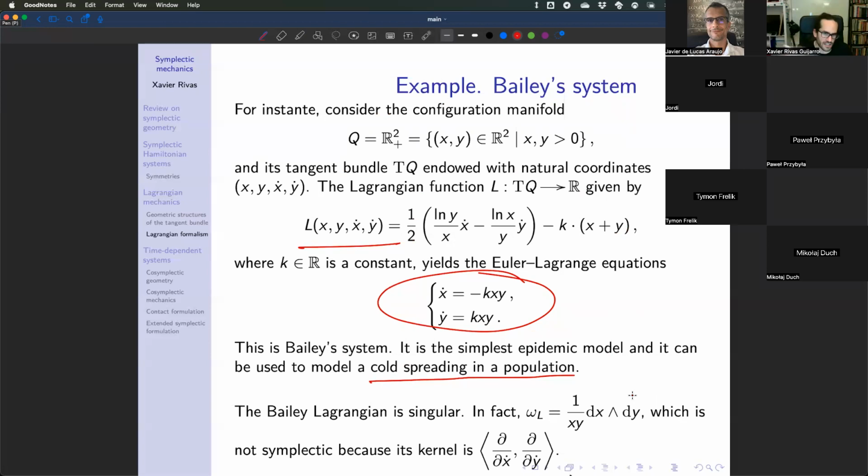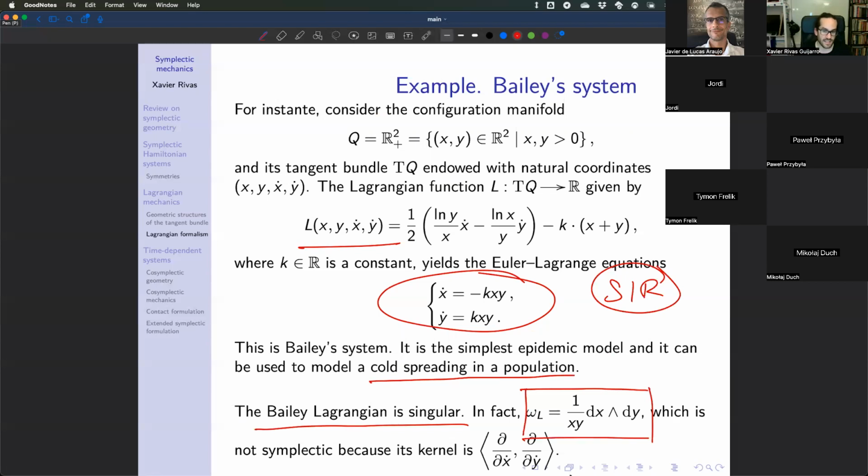There are more generalizations of this. Actually, you can generalize this to describe the SIR system, which is a more complex system to describe epidemics or pandemics, as we all know for sure. And this Lagrangian, the Bailey Lagrangian, is actually singular because this is the Cartan 2-form which arises from this Lagrangian.